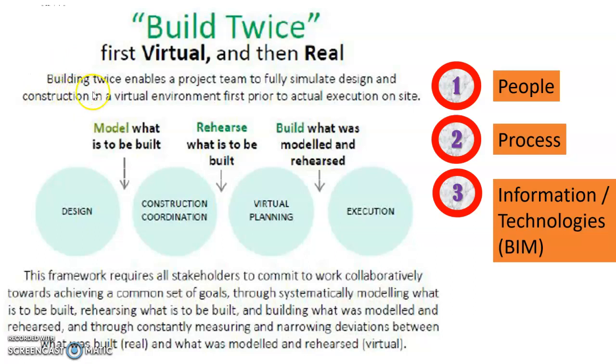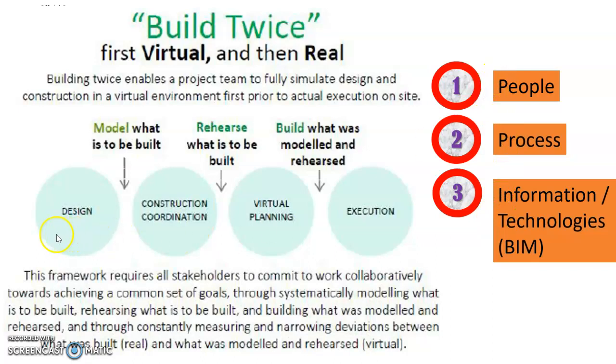So building twice enables the project team to fully simulate the design and construction in a virtual environment first before the execution on site. And that involves all these three areas which just now I was talking about.